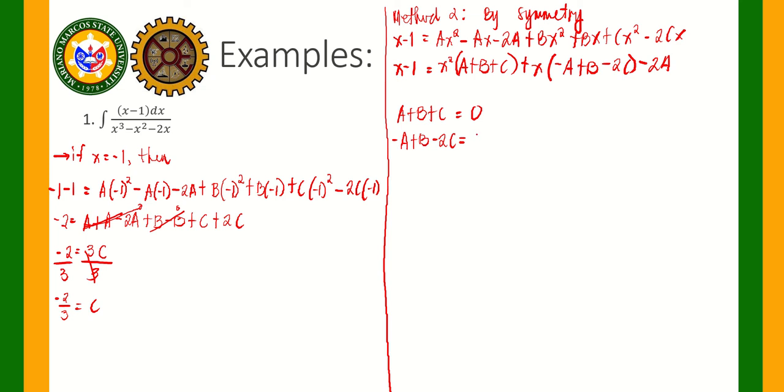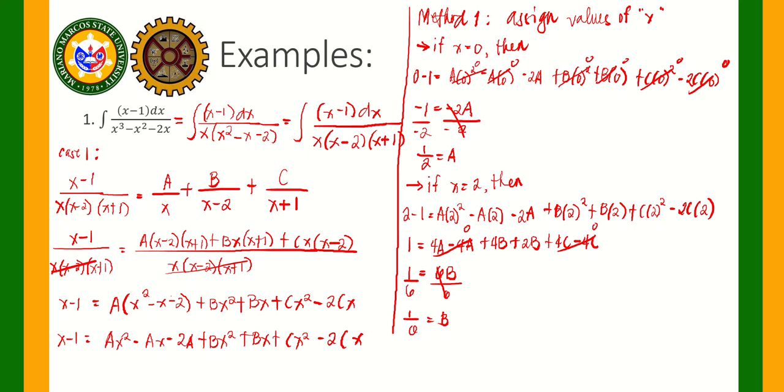That is 1. So this is equal to 1. And then negative 2a is equal to the constant here. This is equal to negative 1. And we can directly solve for a dito. We divide both sides by negative 2. So our a is equal to 1/2, which is the same sa nakuha natin using method 1.